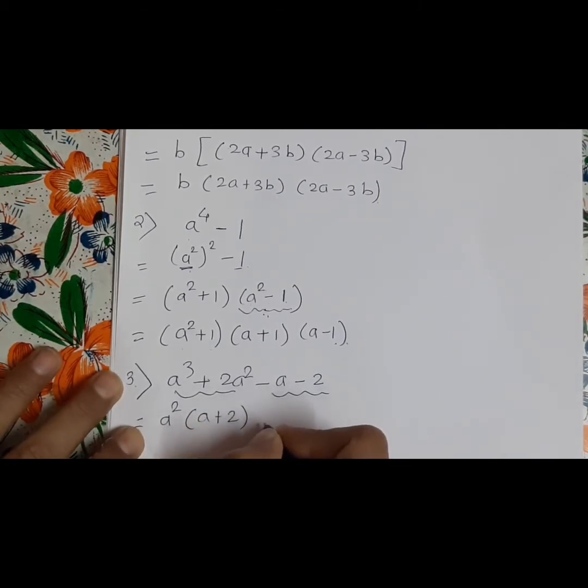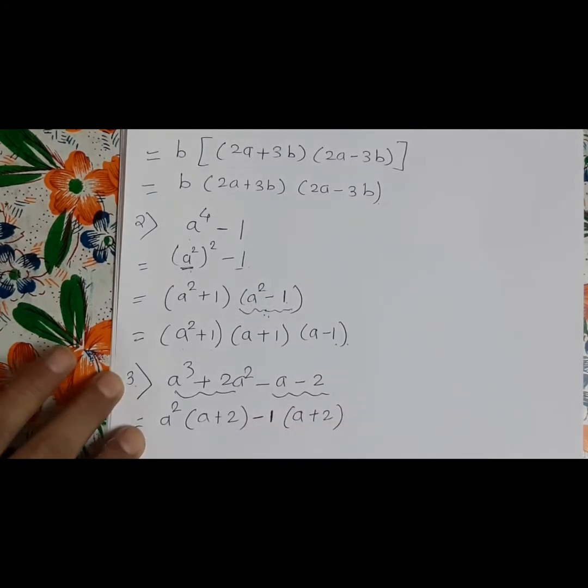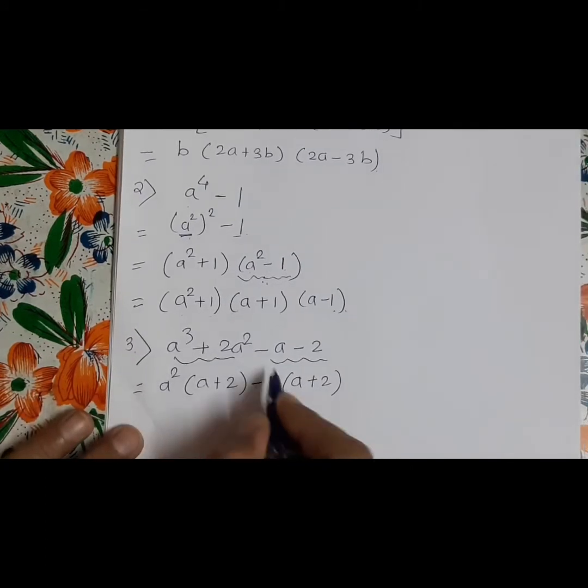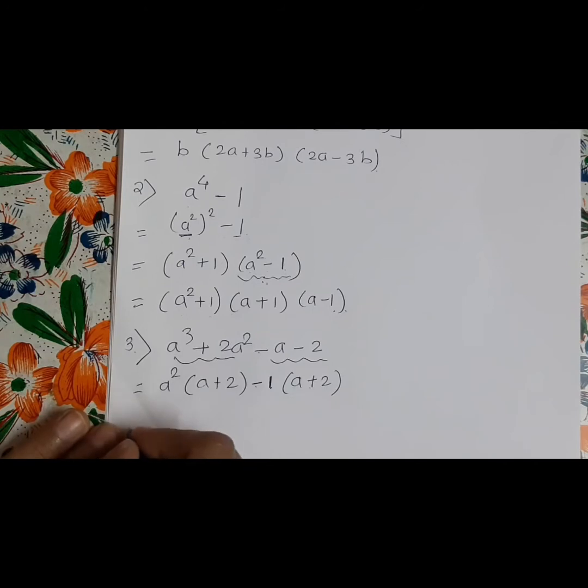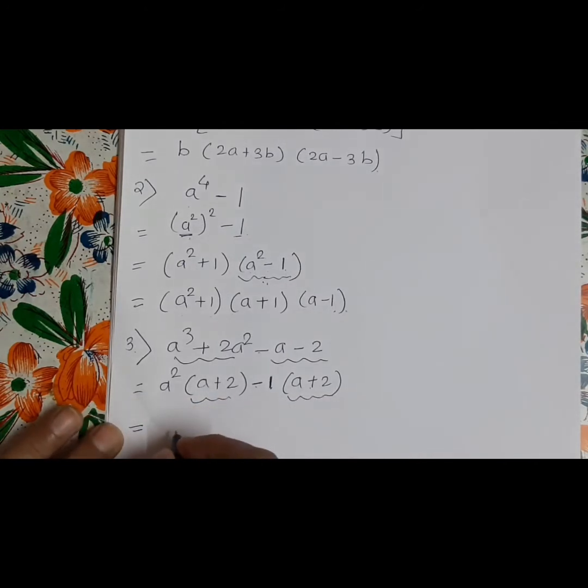And then from the second group, if we take minus 1 common, here it is nothing but a plus 2. So if we take minus 1 common, the sign gets changed.